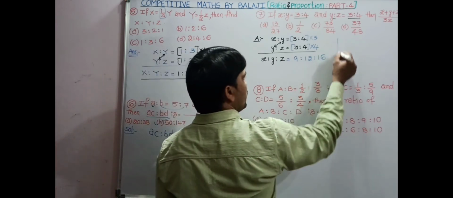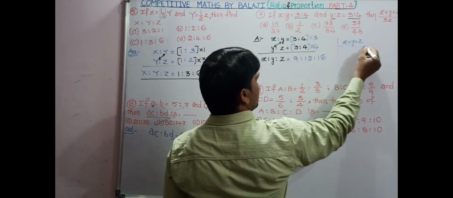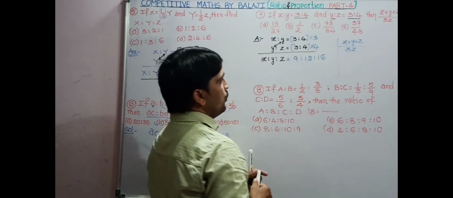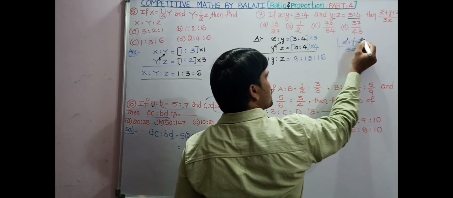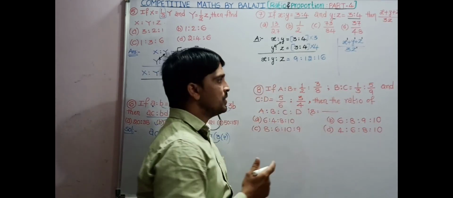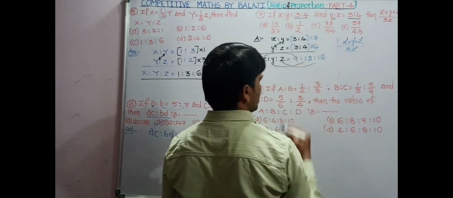But we have to find x plus y plus z by 3z. See, in our starting class, we learned that the exponent or degree of each term is equal. Degree of each term is equal. So we can directly apply x by 9, y by 12, z by 16.